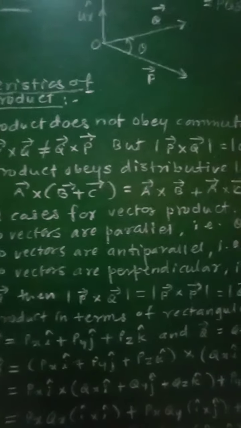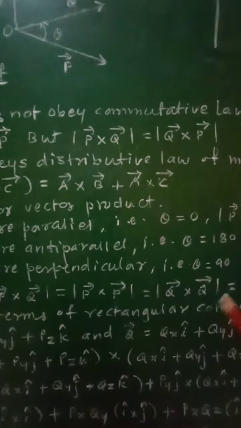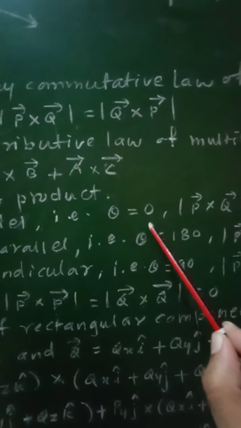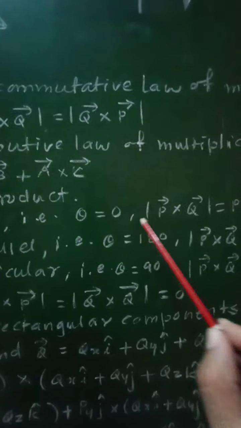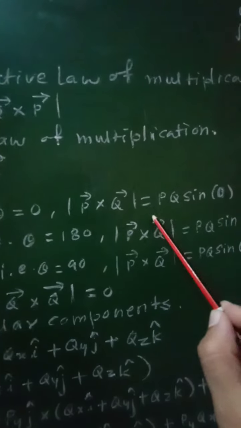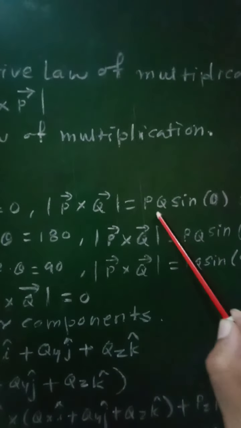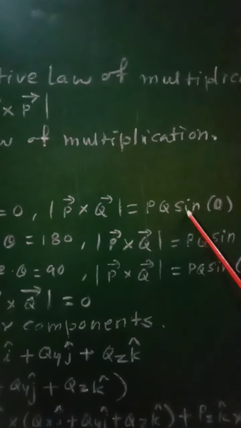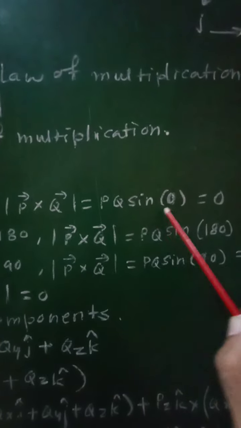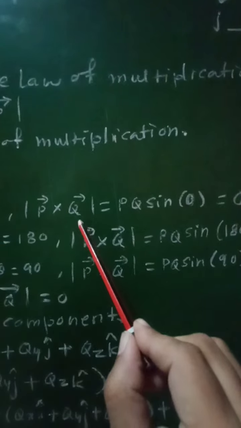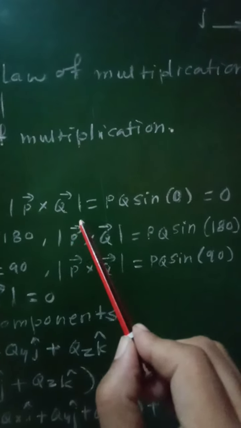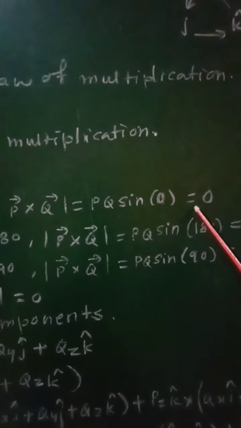If two vectors are parallel to each other, then the angle between them, theta, will be equal to 0, and hence the magnitude of vector p cross vector q will be equal to pq sine theta. But theta is here 0, therefore pq sine 0, sine 0 is 0, and therefore the magnitude of the vector product p cross q will be equal to 0.